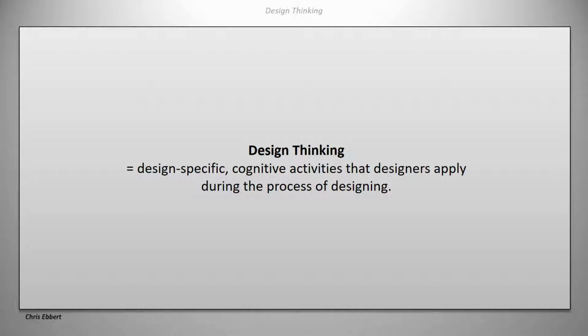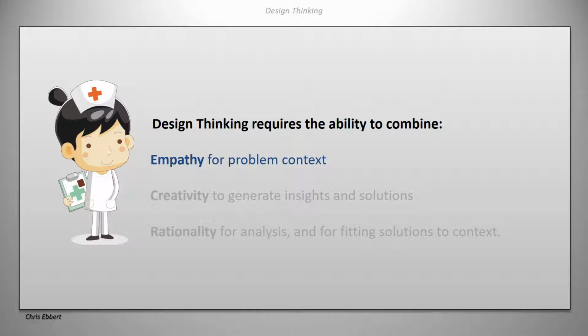The best way to describe design thinking is as a design-specific cognitive activity that designers apply during the process of designing. In order to be a successful design thinker, you need to have three skills or three traits, if you will.